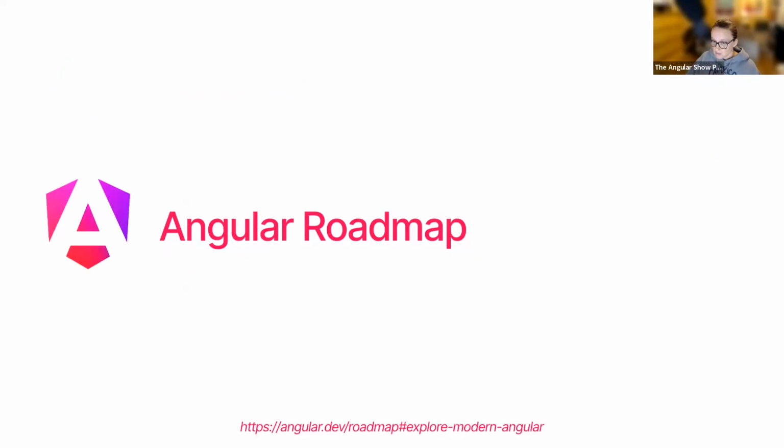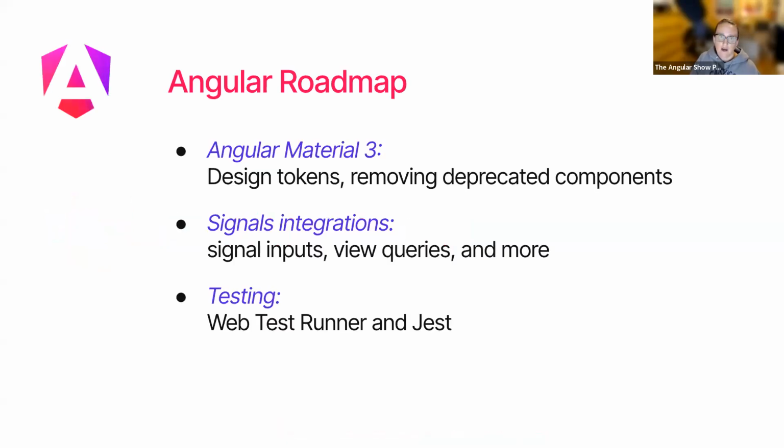On the Angular roadmap, looking forward, they will be making some updates to Angular Material 3, including design tokens. So design tokens are where you can easily pass in a tokenized value. So let's say you pass in a color, that makes it a lot easier to change it throughout the application.